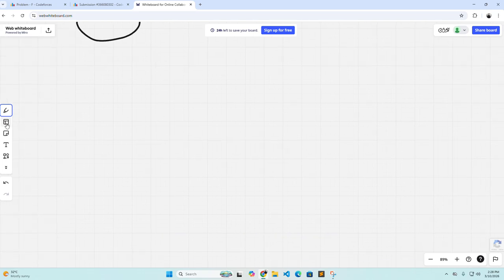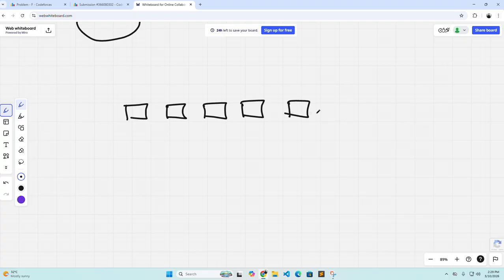So we need to connect the vertices. The permutation will be like this, the integers. Suppose we are connecting this vertex.